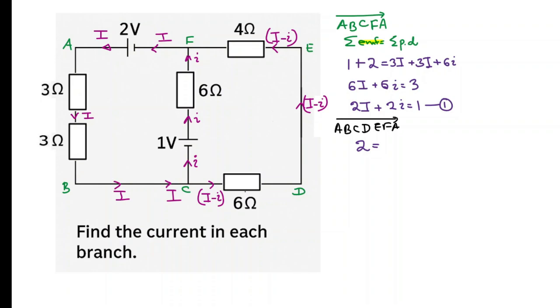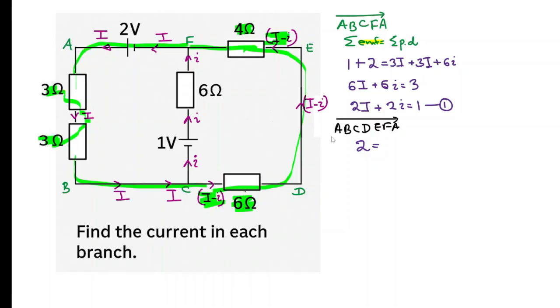Now let's do the next walk to look for the PDs. Starting from here again, 3I, 3I, 6 times I minus i, also 4 times I minus i, and nothing else.